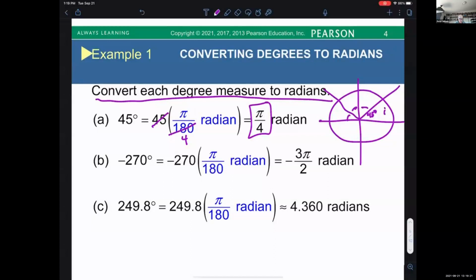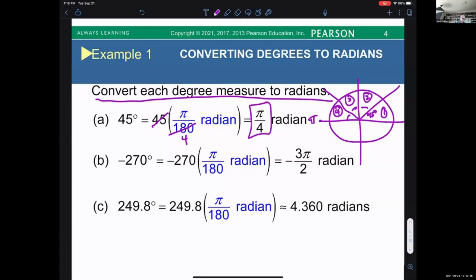Because there's 45, there's another 45, there's another 45. There's 4 45-degree measurements that add up to 180 degrees, which is halfway around. And we know that pi is where you're at when you go halfway around. So if I cut that into 4, I get pi over 4. So the formula, of course, will do that for you, but it's good to try to think about it and visualize it so that these things make sense as well. It'll keep you grounded when you're just coming up with a number by some formula, that the number makes sense.